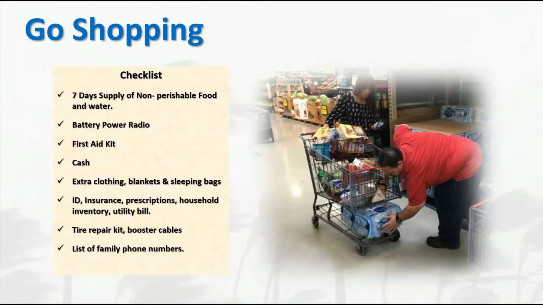Battery-powered radios and flashlights, as well as first aid kits, are also very important during and after the storm, as you don't know when power will return. So if you're without power for a few days, you want to make sure you have enough batteries for your flashlight and your radio to be able to know what's going on and be able to see after the sun sets. So the best thing to do is to make sure that your checklist is done prior to hurricane season.